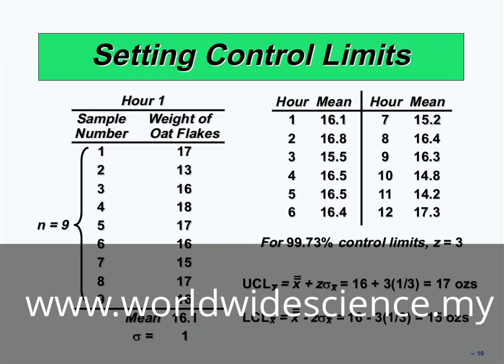Now, x bar bar. The sum is of 12 numbers because we have 12 hours. Hour 1 mean is 16.1. Hour 2 is 16.8. If you sum these 12 numbers and then divide them by 12, you calculate x bar bar. Very easy.